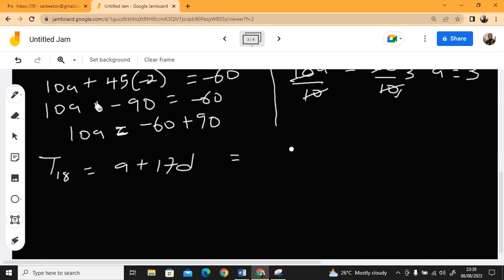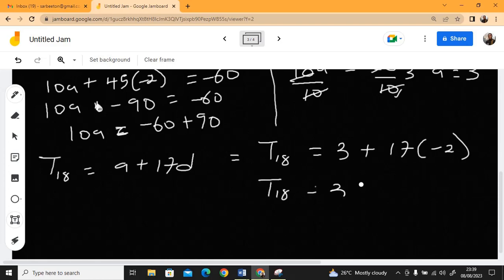So what is my A? My A is 3, so T18, my 18th term, will be 3 plus 17 times my D. My D is minus 2. So T18 equals 3 plus 17 times minus 2, that is minus 34.